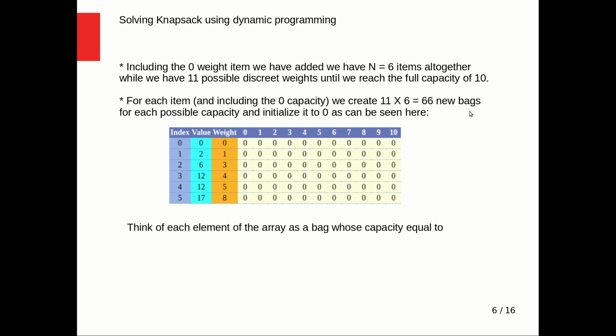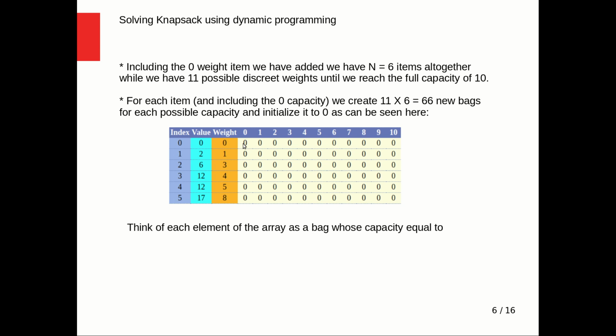that they're going to correspond to a specific item. These 66 bags are represented in this picture by the yellow colors, which are elements in a two-dimensional array. The rows correspond to the items, which are 6 from 0 to 5, while the columns correspond to discrete weights, which are 11, and they start from 0 to 10.